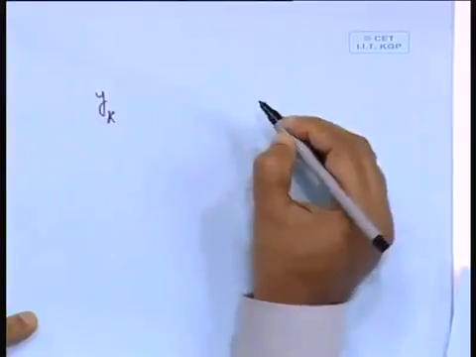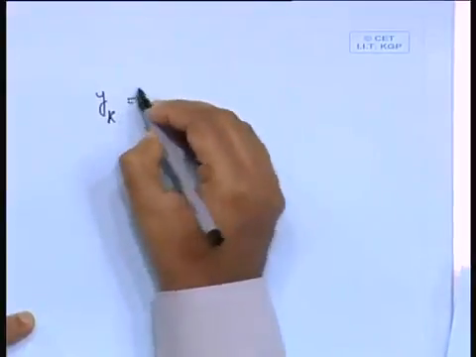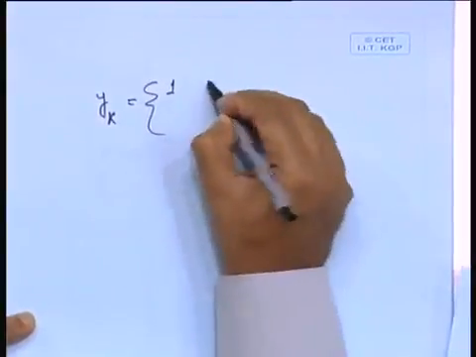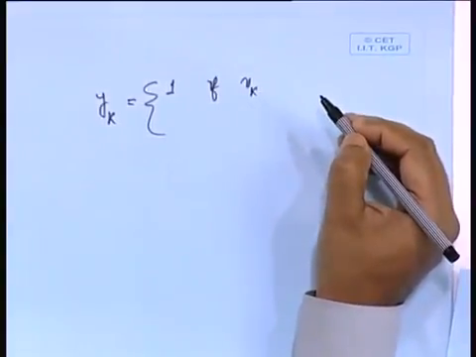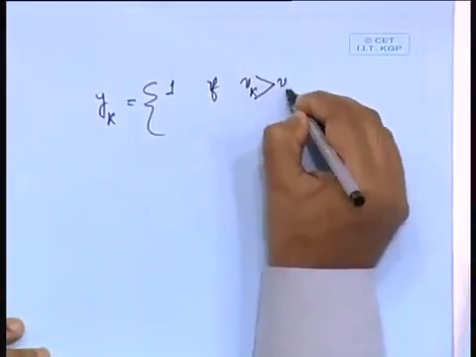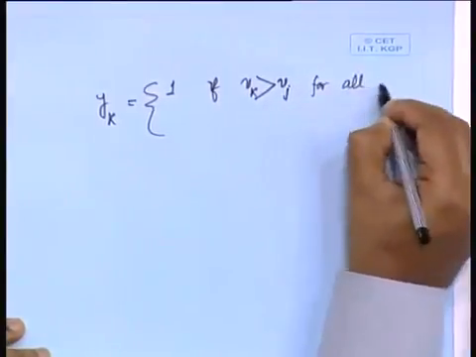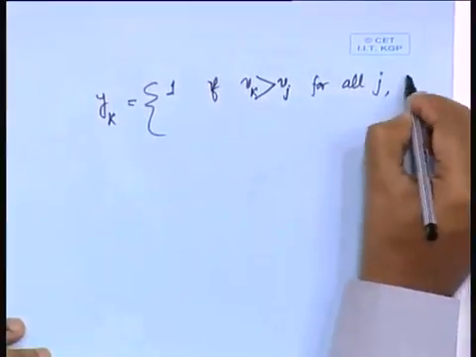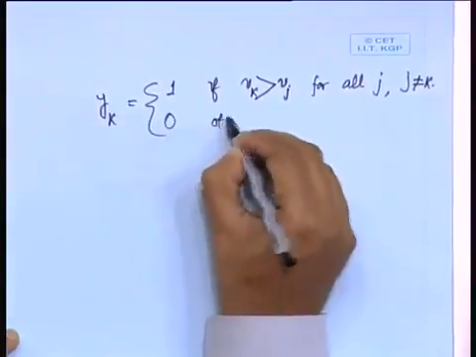It says that yk, the output of the kth unit, will be equal to 1 if Vk, the combined response, is greater than Vj for all j where j is not equal to k, and yk is equal to 0 otherwise.